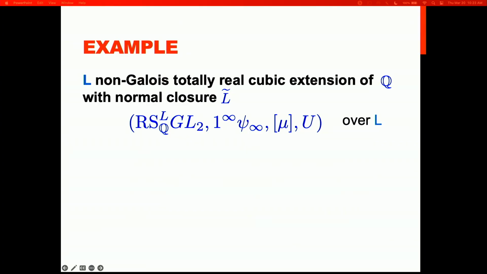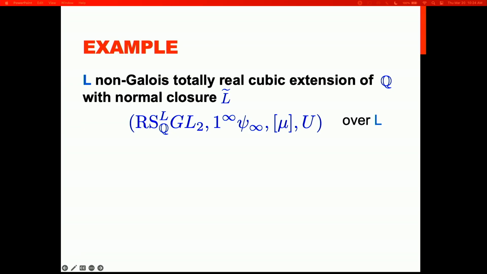Well, let me finish by going back to the example I had a minute ago. What happens if I take my non-Galois cubic extension of Q and take this example coming from different quaternion algebras? Well, let me write L tilde for the normal closure of L. Then those Shimura varieties, which all gave the same variety over L but with different embeddings, would have rational Shimura datum, what I've written here.